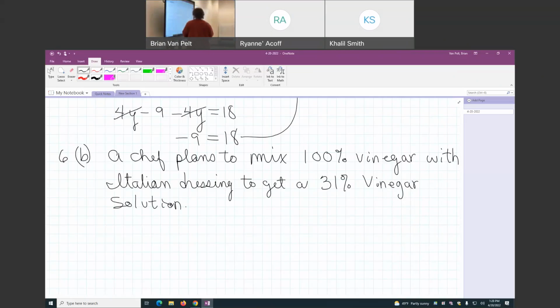Okay, the Italian dressing here is 8% vinegar. It's 100% with 8% to get something in between. So we need to give names to these things. What letters do you want to call these things? X and Y, I don't care. So X for which one? So X is going to be the vinegar. And Y will then be the Italian dressing.